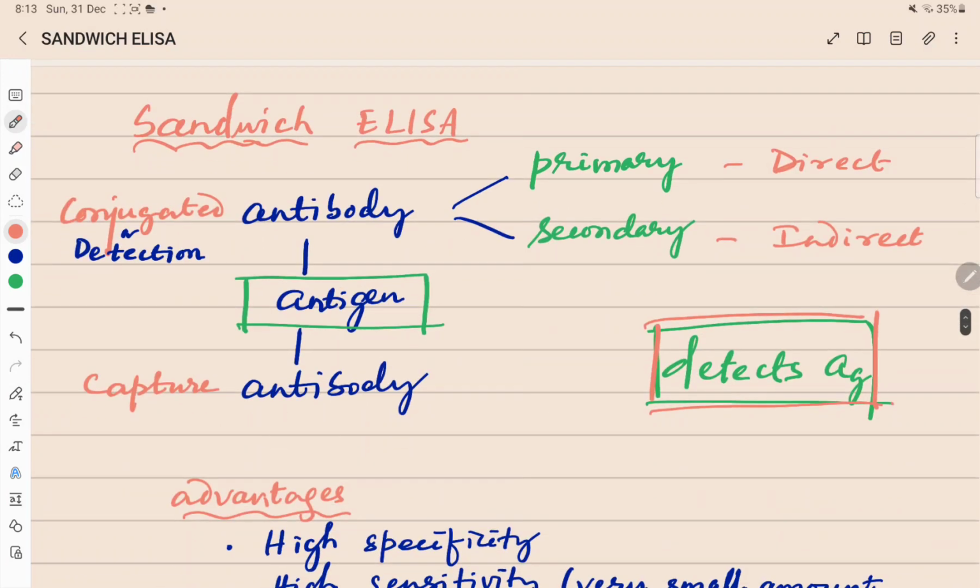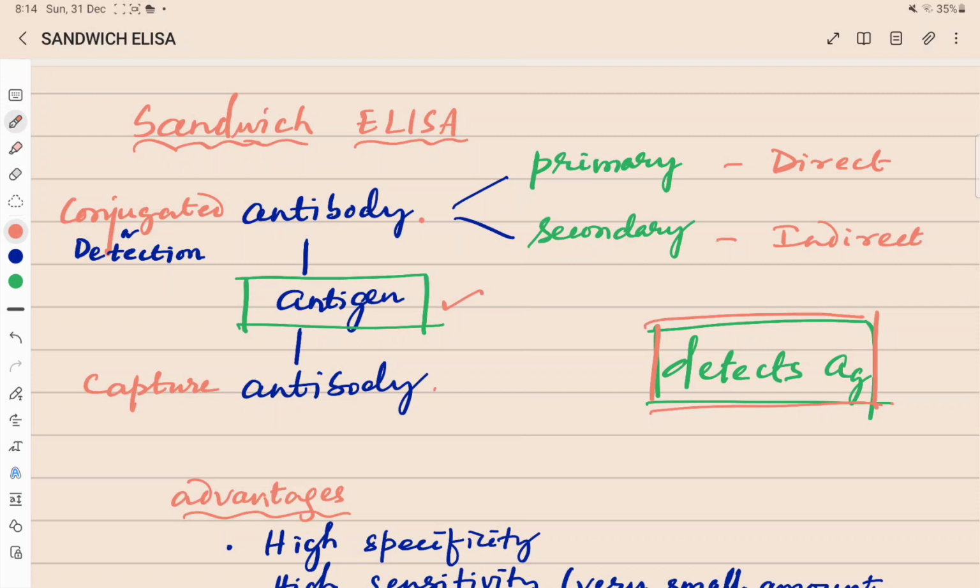So in the sandwich ELISA, the antigen is sandwiched between two antibodies. One antibody we call the capture antibody, the other is the detection antibody, which may be conjugated or unconjugated. If it is unconjugated, then we have to add another antibody, that is the secondary antibody, which is the conjugated antibody.